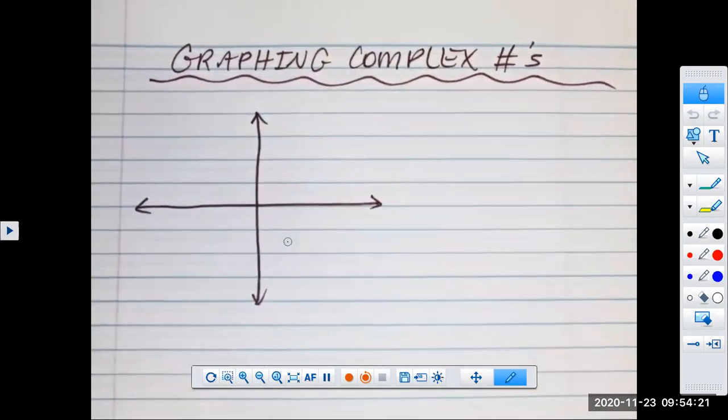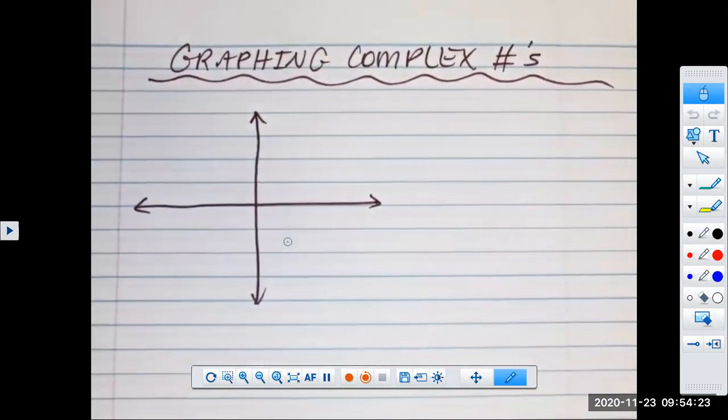When you're graphing complex numbers, this is the same situation as if you were graphing an ordered pair in the coordinate system.